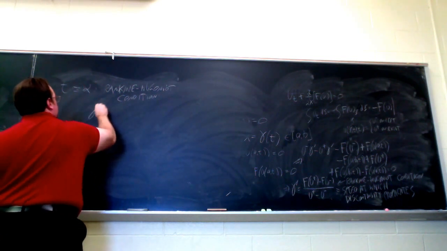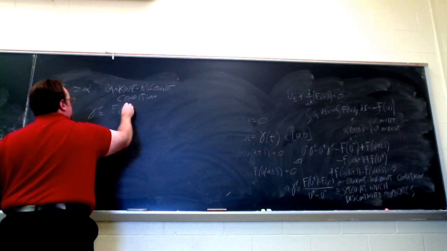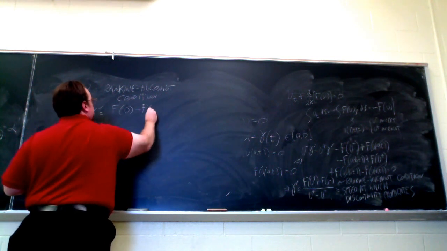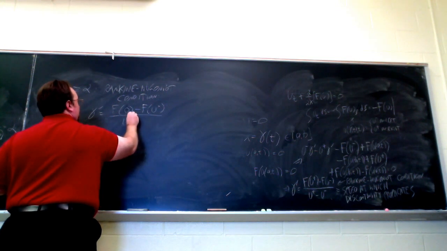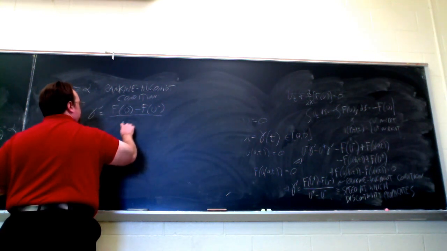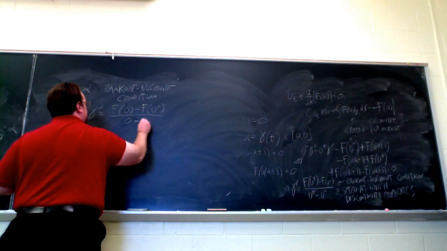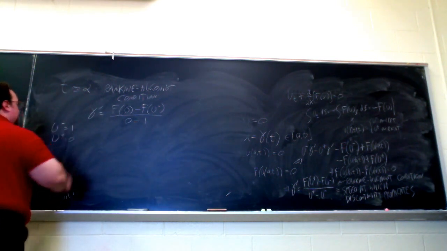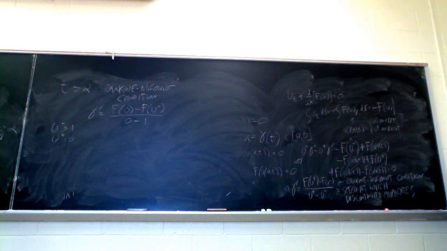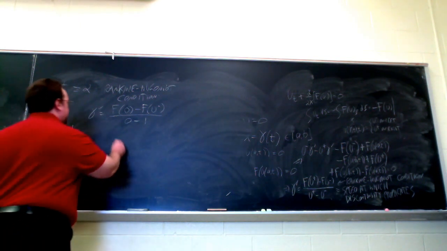We have gamma prime is f of u plus, which is equal to 0 actually, minus f of u minus, all over u plus, which is 0, minus u minus, because u minus is equal to 1, u plus is equal to 0. Now, f of u is 1/2 u squared.